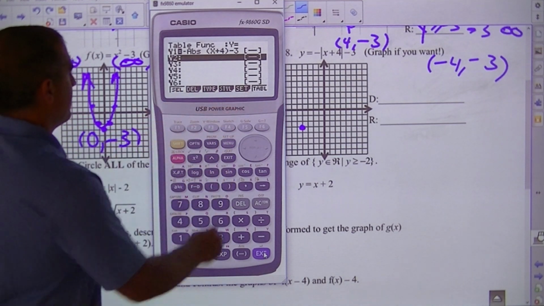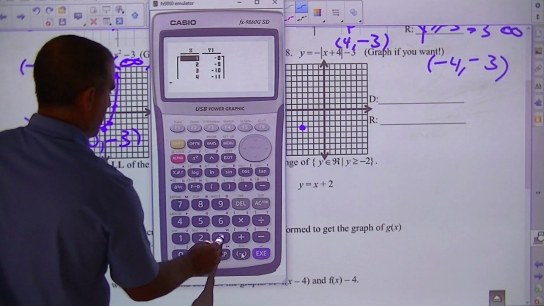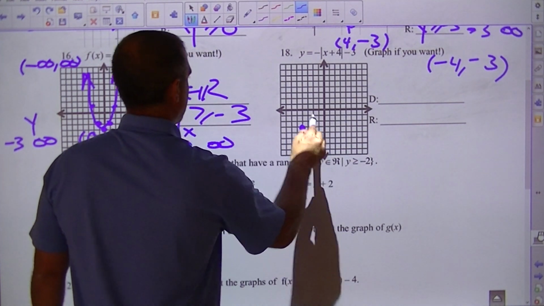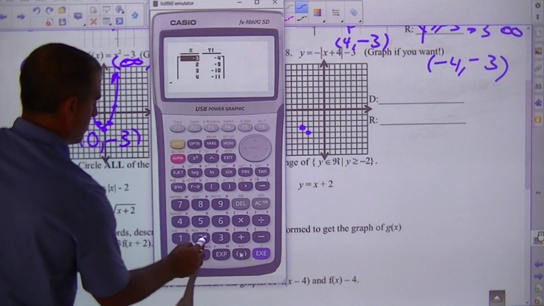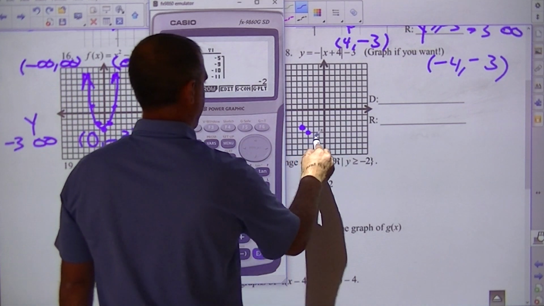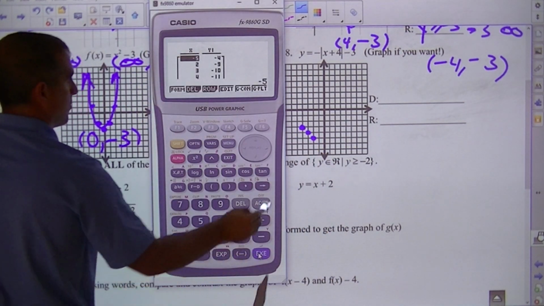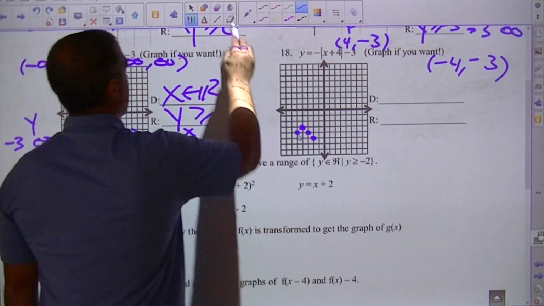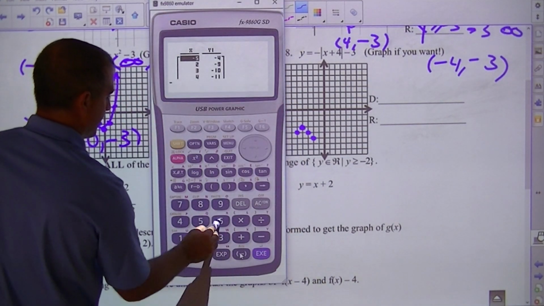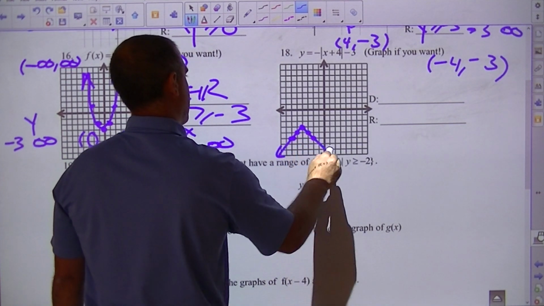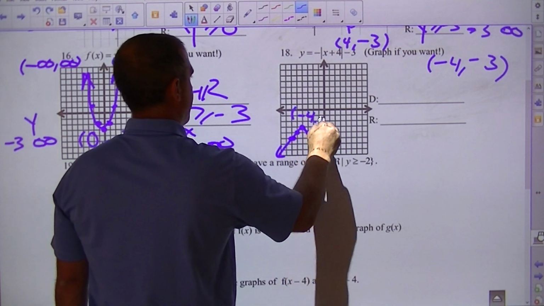So I'm going to graph negative 3, which puts me at negative 4. I'm going to graph negative 2, which puts me at negative 5. I'm going to graph negative 5, which puts me at negative 4. And negative 6, which puts me at negative 5. So this is what I got. That's my graph. That's negative 4, negative 3.